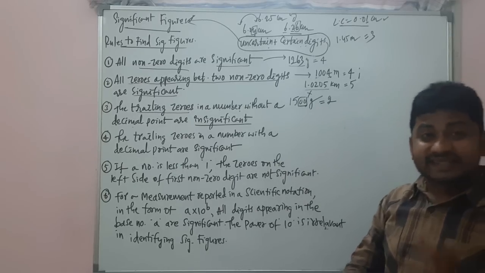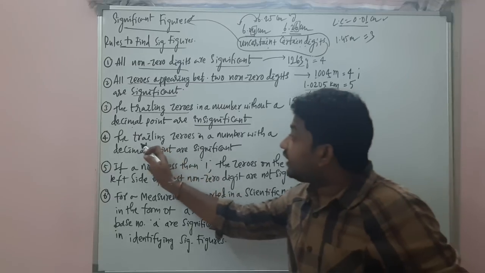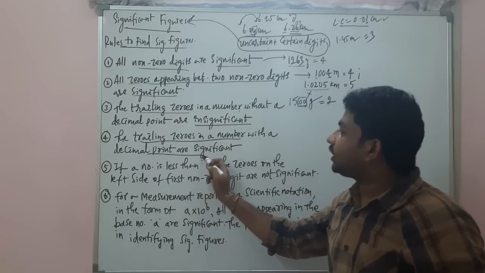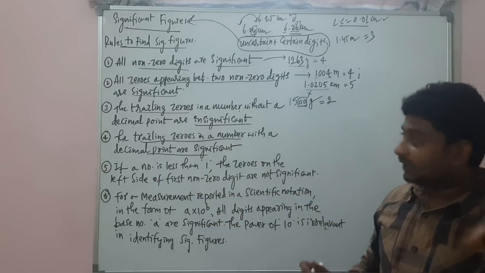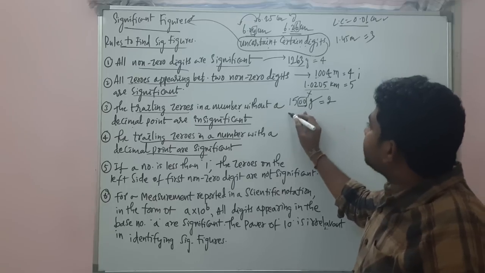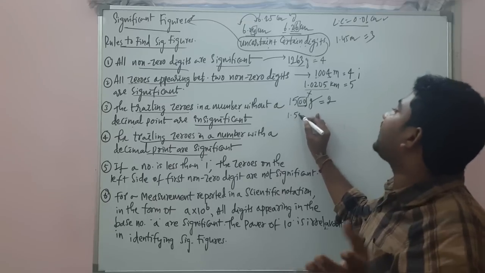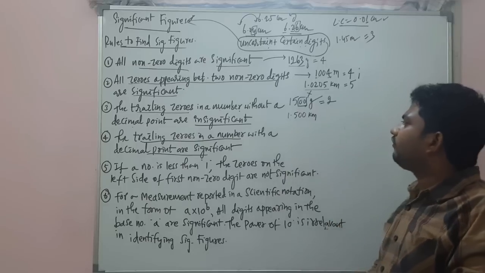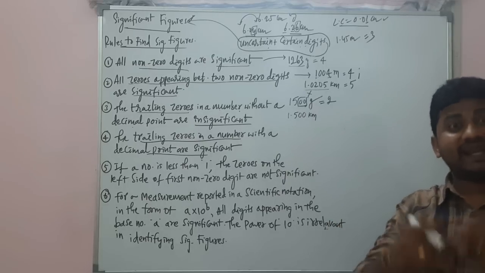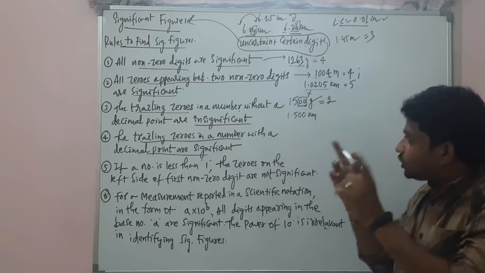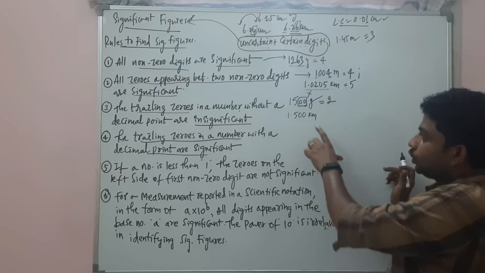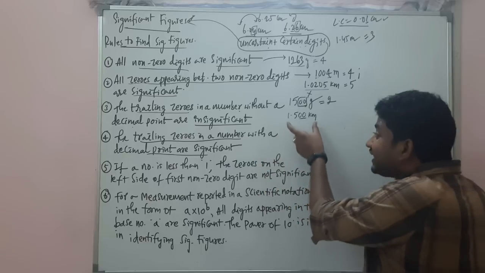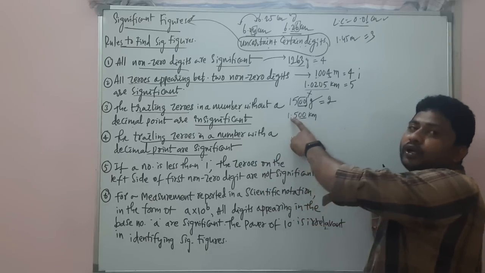Alright. Same way, the trailing zeros in a number with a decimal point are significant. See, the same number, I can write it in this way. This is another measurement, 1.500 kilometer. If you carefully observe, these two are also called trailing zeros, but this measurement has a decimal point.